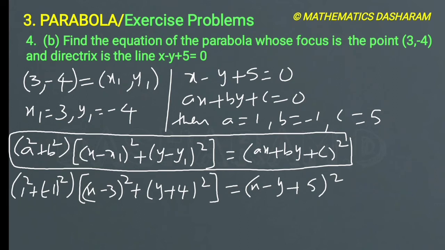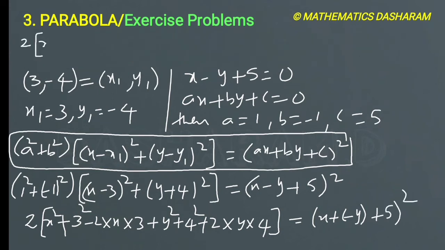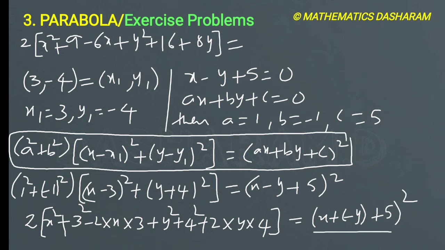1 squared is 1, (-1) squared is also 1, then overall 2. Here apply the a minus b whole square formula for (x - 3)², and the a plus b whole square formula for (y + 4)². Then for (x - y + 5)², apply the a plus b plus c whole square formula.